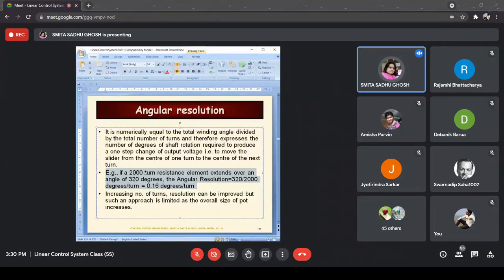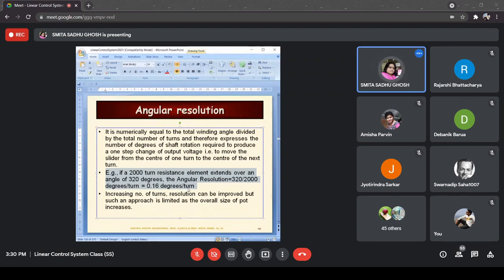That is 2000, right? So now the angular resolution will be the total angular displacement which is possible divided by the total number of turns, which is 2000. So it will be 320 by 2000 degrees per turn. Whatever value we get, in degrees per turn, is the value of the angular resolution.